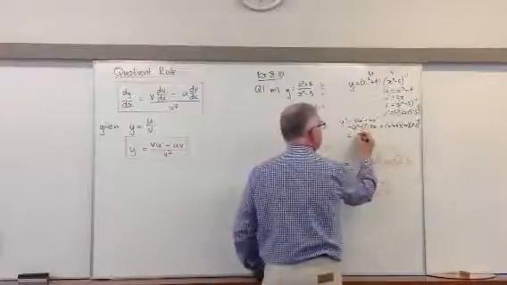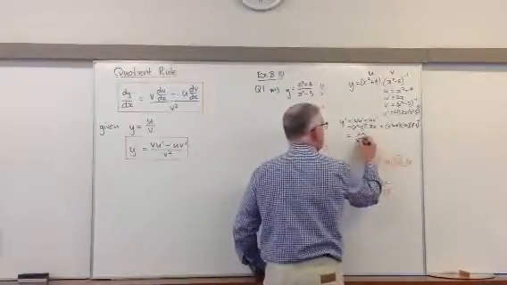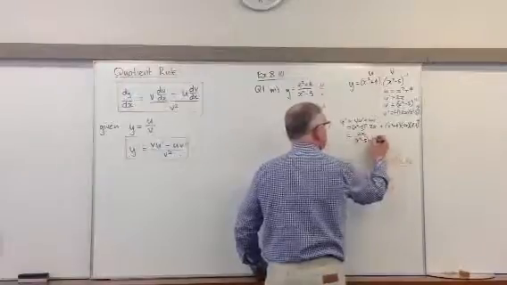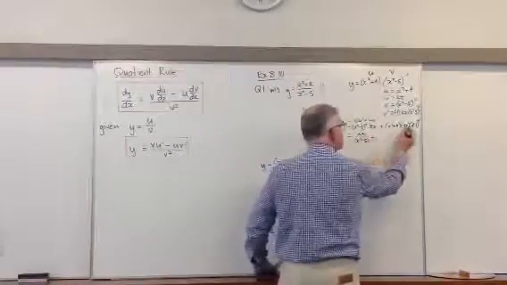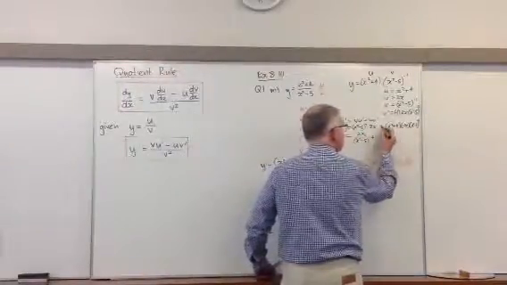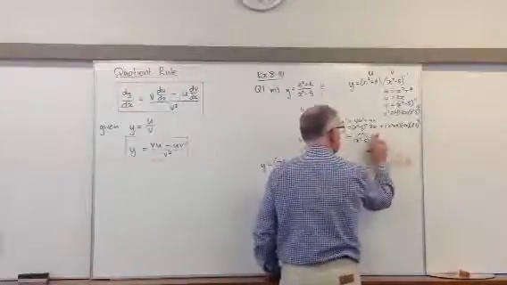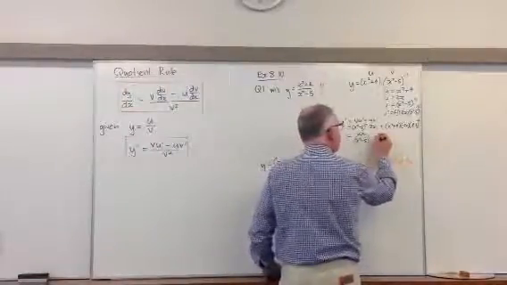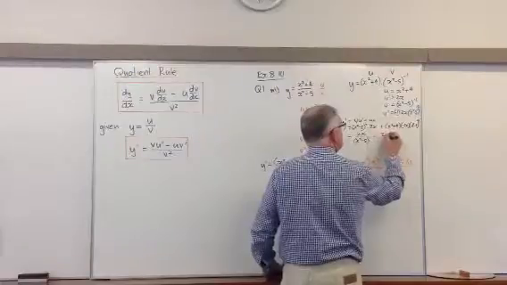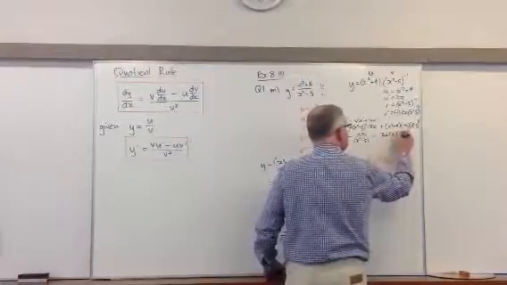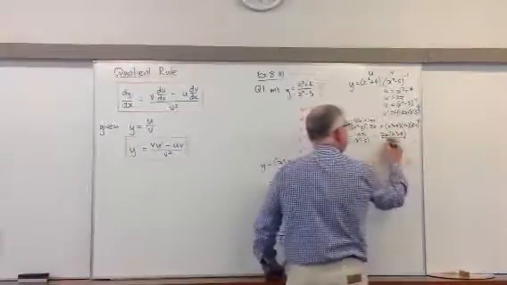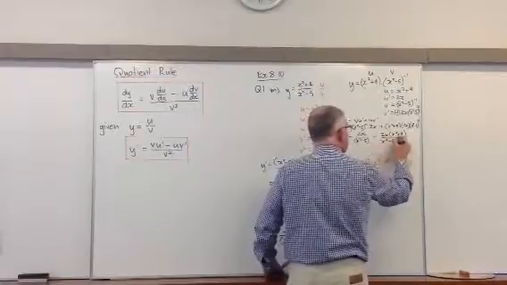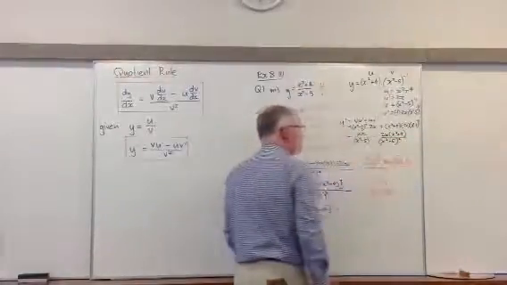Now what that really looks like is 2x over x squared minus 5 plus, well, not plus, because that's going to be a negative, isn't it? That's a positive, that's a negative, so that will actually be a minus 2x outside of x squared plus 4 all over x squared minus 5 squared.